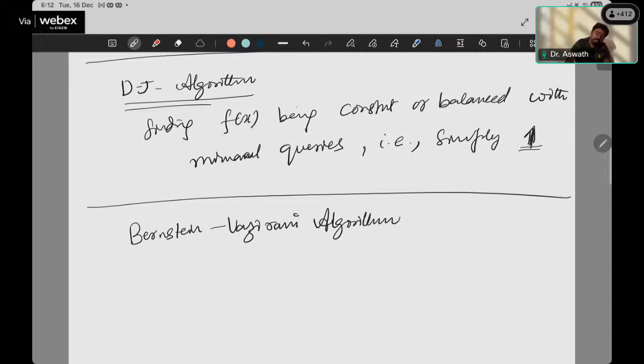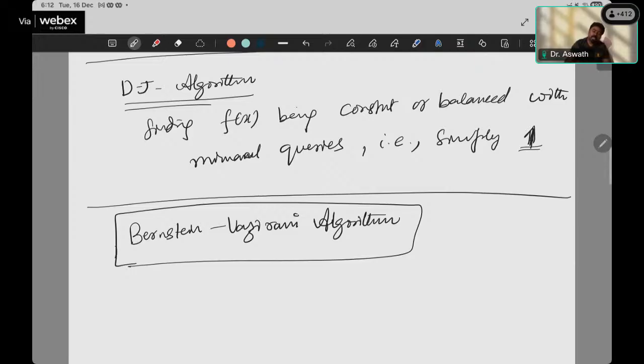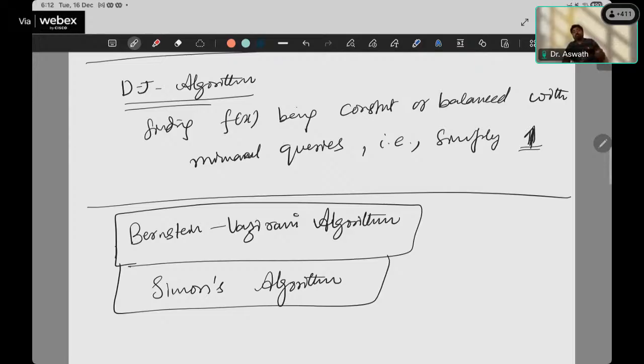It is slightly of the same kind, and after that I will be discussing Simon's algorithm. Both of them are in a way an extension of whatever we discussed so far.